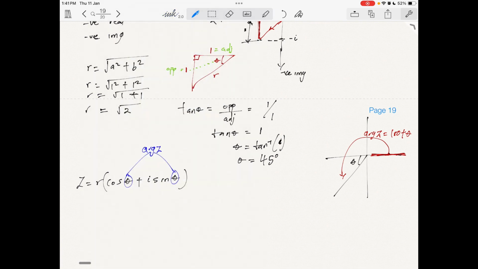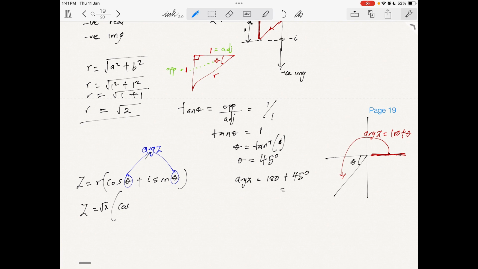With respect to that, our Z is equal to R, and our R is root 2, cos theta, which is now argument Z, and since our argument Z is 180 plus theta, we can say argument Z is 180 plus 45 degrees.